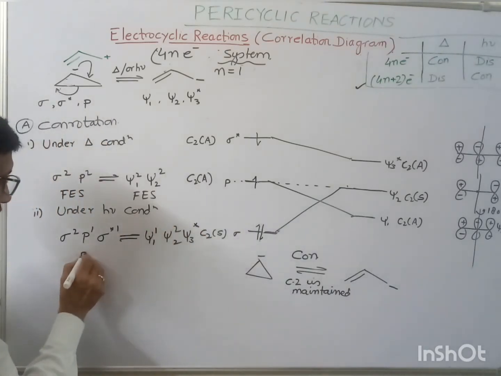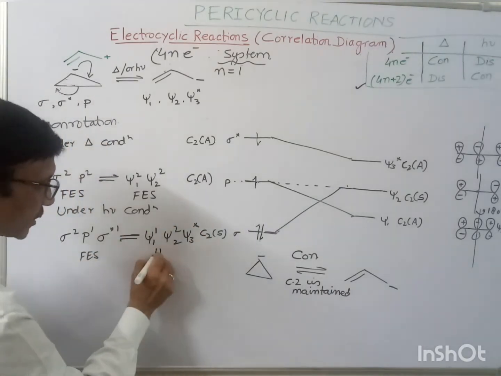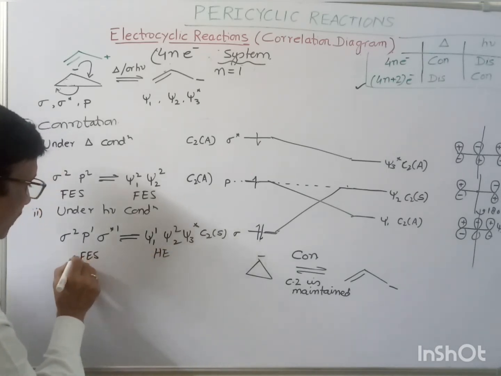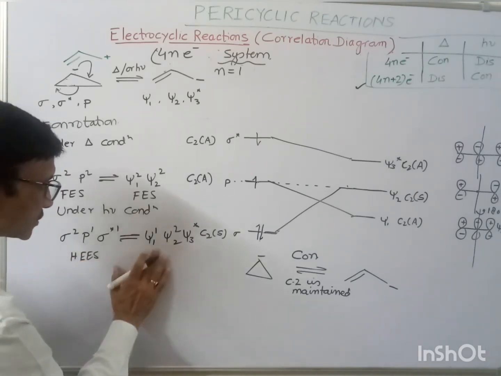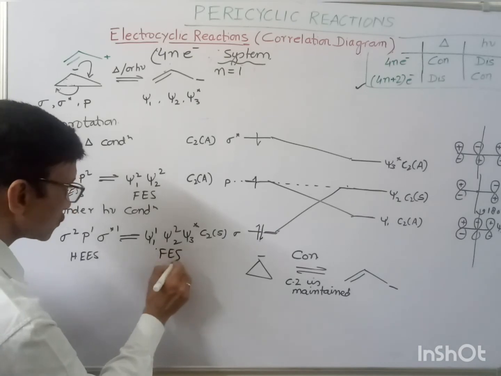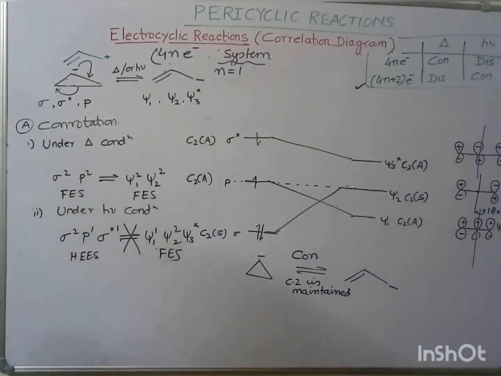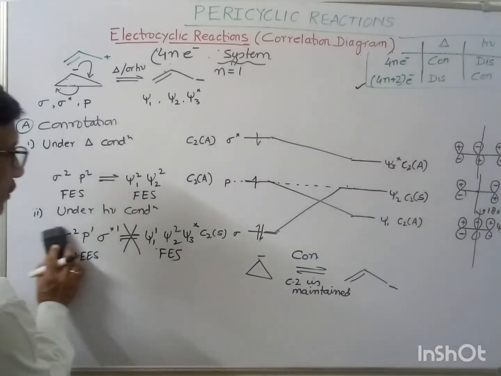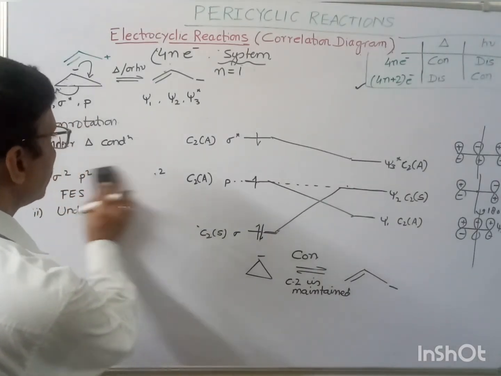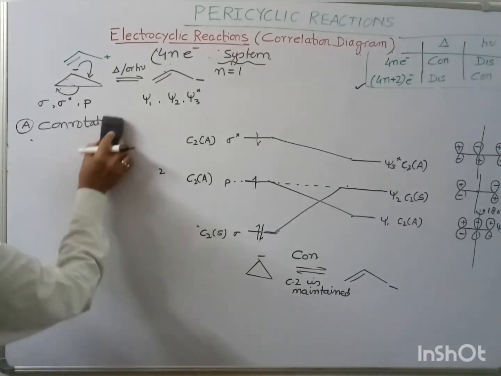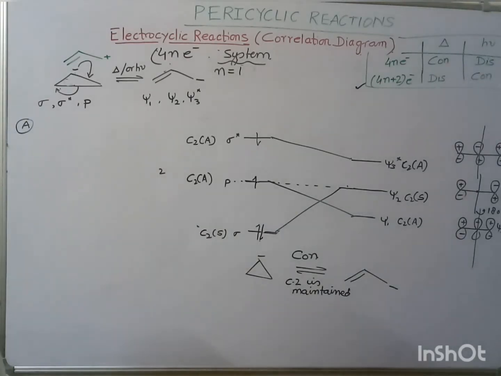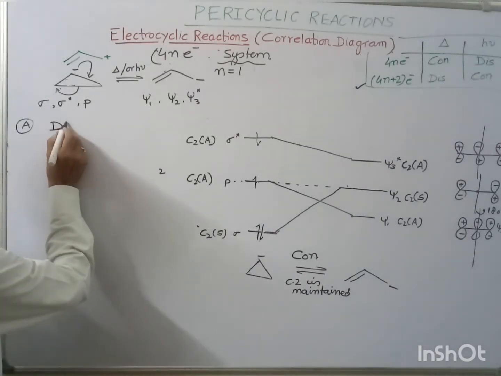So this is first excited state, this is higher energy excited state, this is higher energy excited state, and this is our first excited state. So this is not possible. In the same way we can see for the disrotation also. So what was the diagram for this rotation?